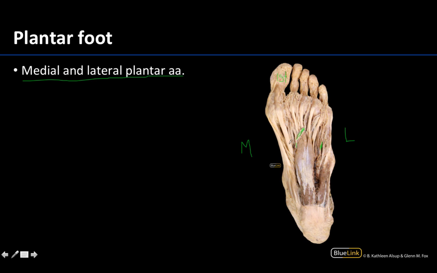But just to review in terms of being able to identify the arteries at about this level of dissection, the medial plantar artery is going to be here. The lateral will be on the lateral side, and it dives deeper than this particular portion of this muscle to form that plantar arterial arch.